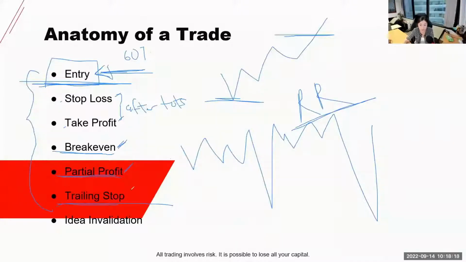Trailing profit is trailing stop. And then the last part will be idea invalidation. This is part 1 of 4, then part 2 of 4, part 3, and part 4 of 4. This will be covered in the rest of this session moving forward.